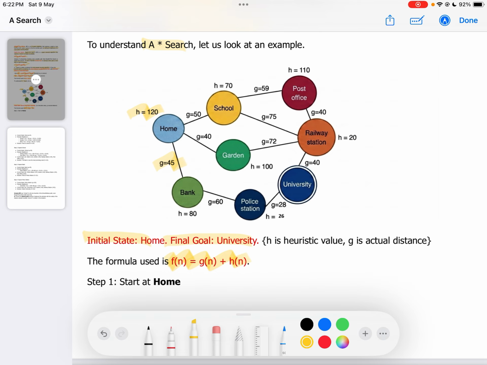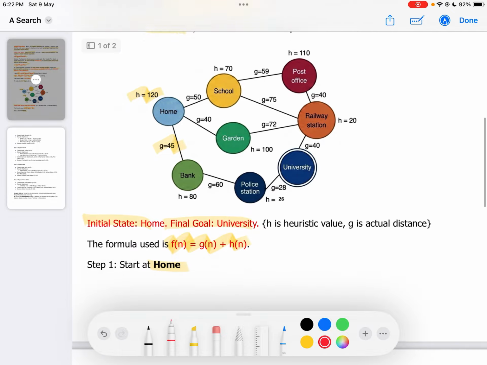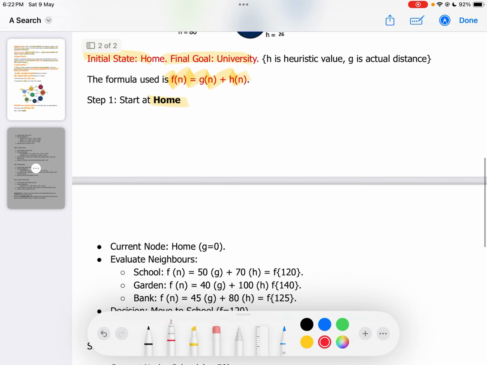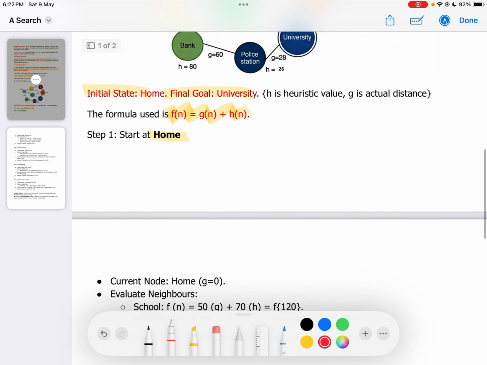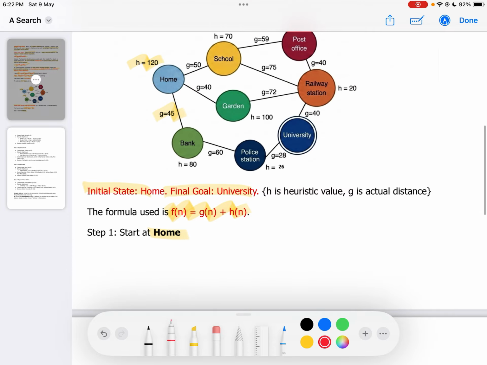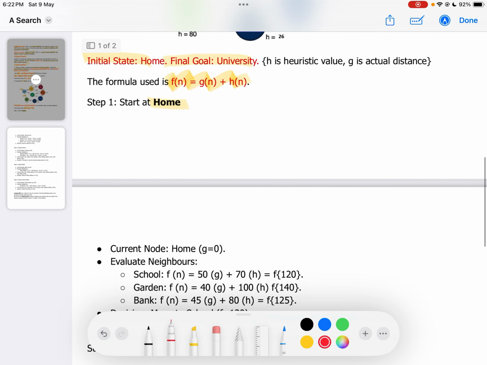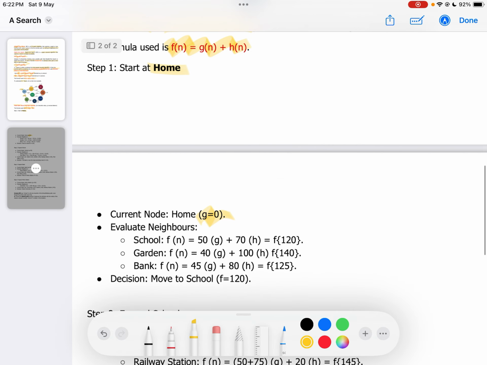Okay, let's start at home. Here we see this is the home, so g is 0. There is no distance traveled. So it is evaluating the neighbors: school, garden, bank.